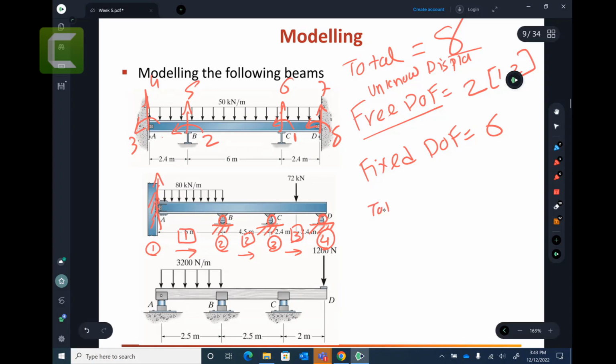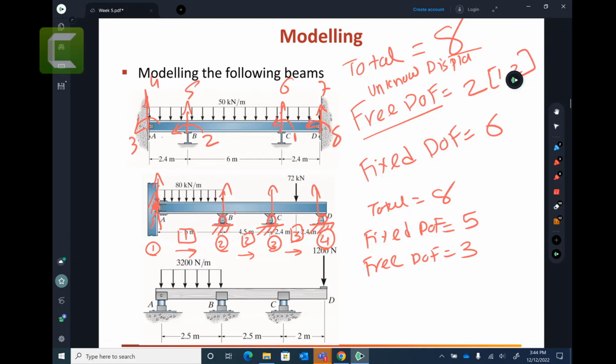Total 8 again. Out of 8, you can see this one is fixed. So fixed degrees of freedom are 2. These will fix 3, 4, and 5. So 5 are fixed degrees of freedom, and 3 are free degrees of freedom.